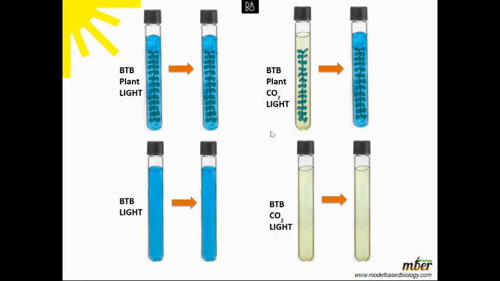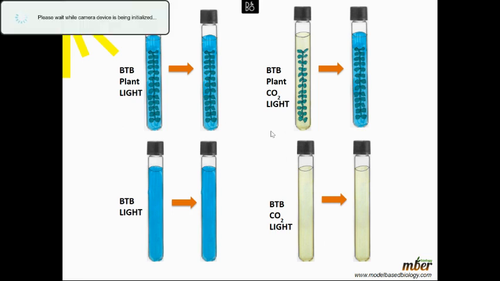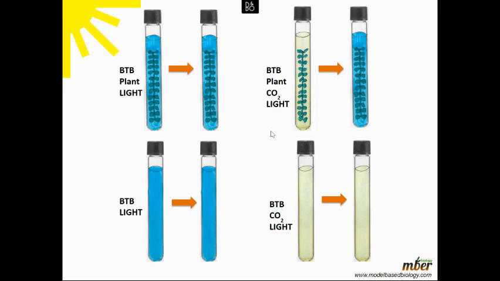So if we had the water plant in light with that blue solution, the BTB, remember blue means that it has oxygen. And if it's yellow-green, it has carbon dioxide. So in the light, the plant and oxygen, up here on the upper left, stayed blue because it was still giving off oxygen and it was not giving off enough, or maybe not at all, carbon dioxide.